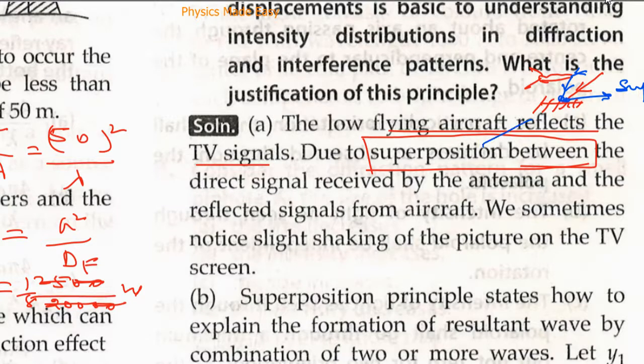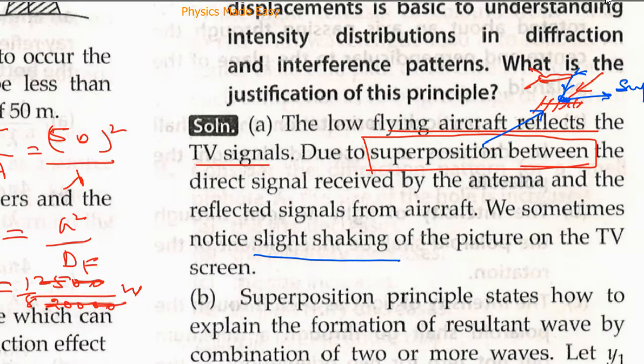This superposition is basically responsible for this. As the low-flying aircraft is moving, the result will not be stable. Had the aircraft been stationary in space, the image would not have been affected, but as it is constantly moving, this constant movement gives us a varied amplitude and a varied intensity, and that's why we get an impression that the image is getting shaken.